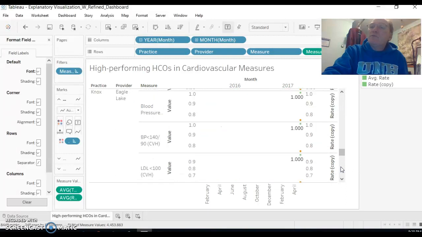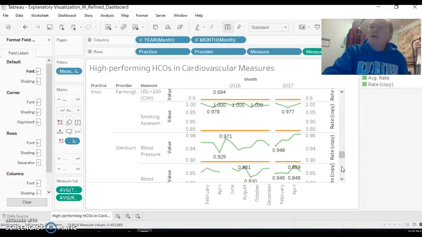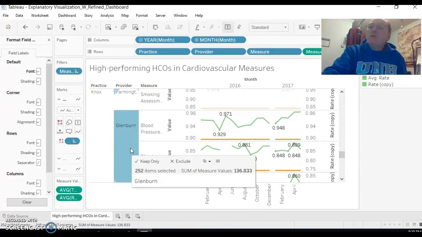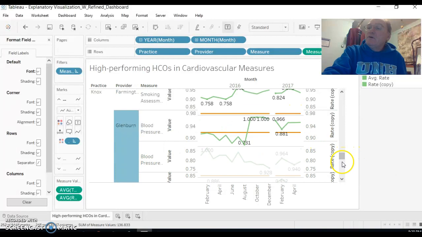As we scroll through some more of the data, we see here another provider that performed consistently above the target for both smoking assessment and LDL. Same practice, different provider. Blood pressure, performing well.